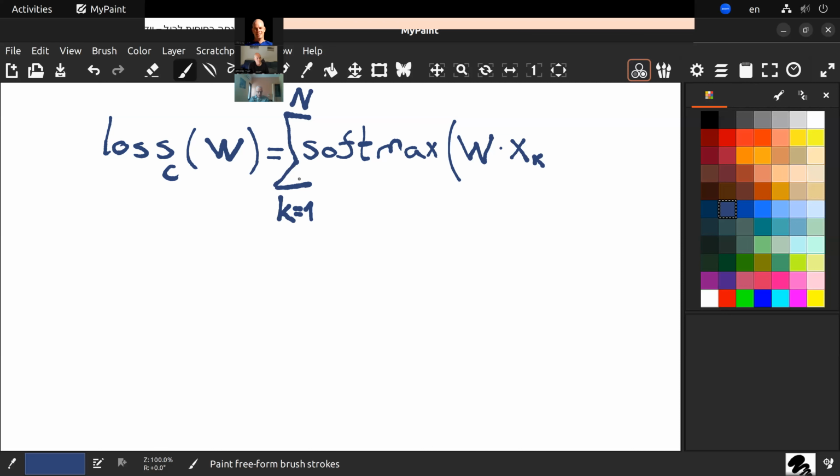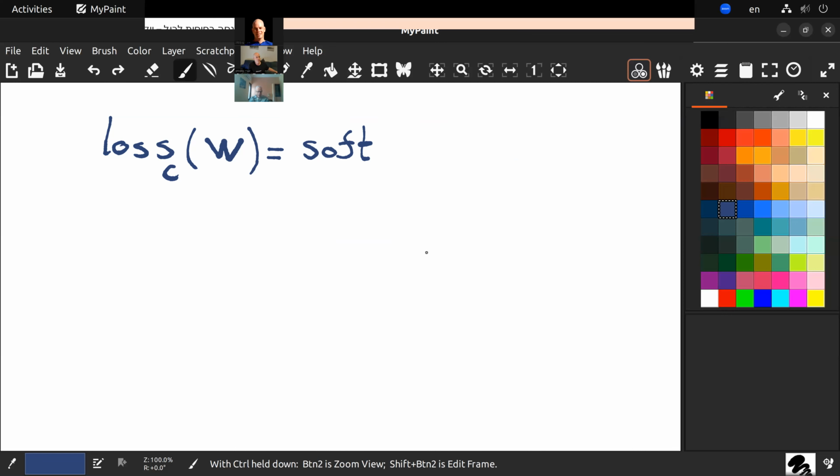We had capital N samples, and we're going to divide everything by N. That's our loss function. I'm completely confused. You need the distance between. That was the definition of our function. So what we need is something like this.